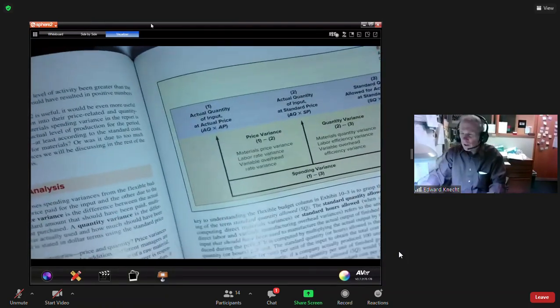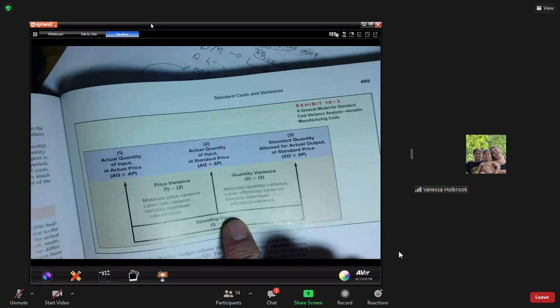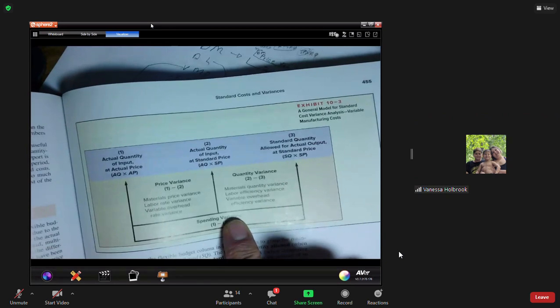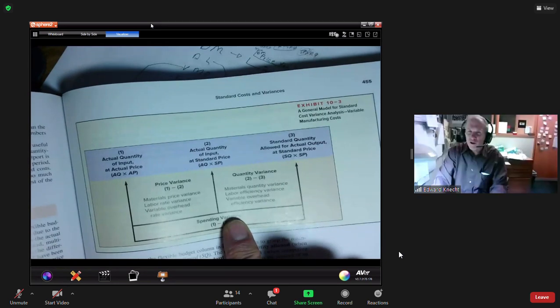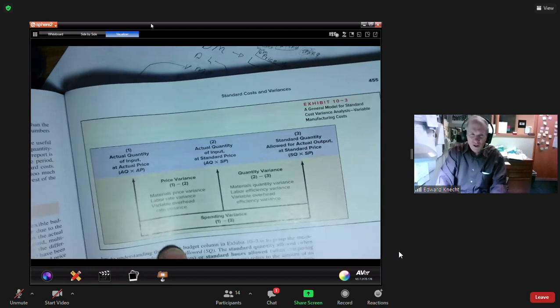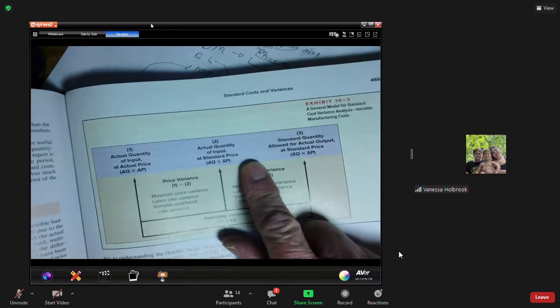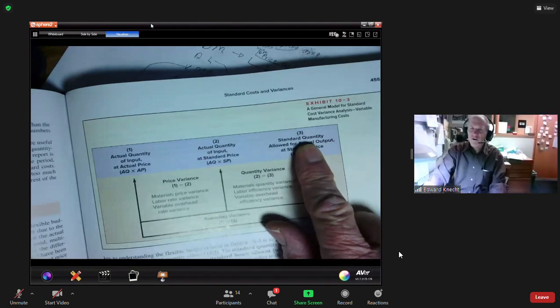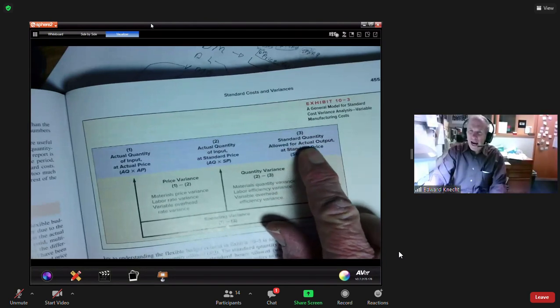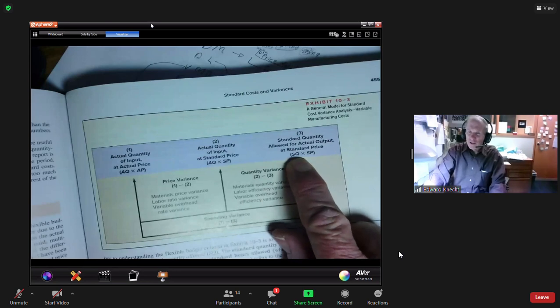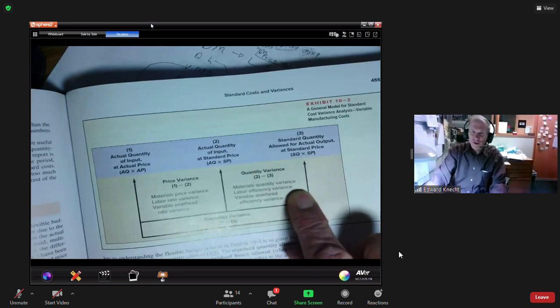Oh, here it is. This is the general model for standard cost variance analysis. Actual quantity times the actual price, the actual quantity times the standard price, and then standard quantity allowed for actual output, standard quantity for that actual output times the standard price.